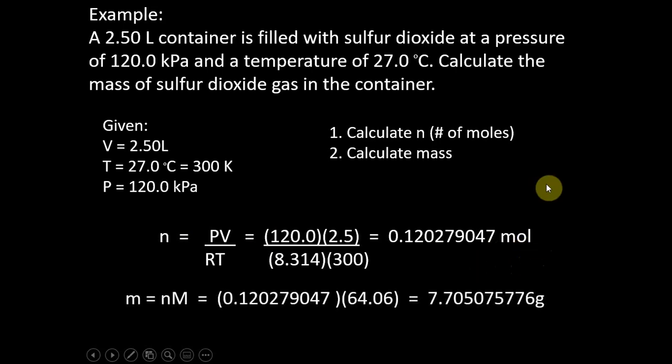And then using the molar mass for the gas, sulfur dioxide, SO2, which is 64.06, multiply that by the number of moles, and we get 7.71 grams. 3 sig digs from the question. And there's your final answer.